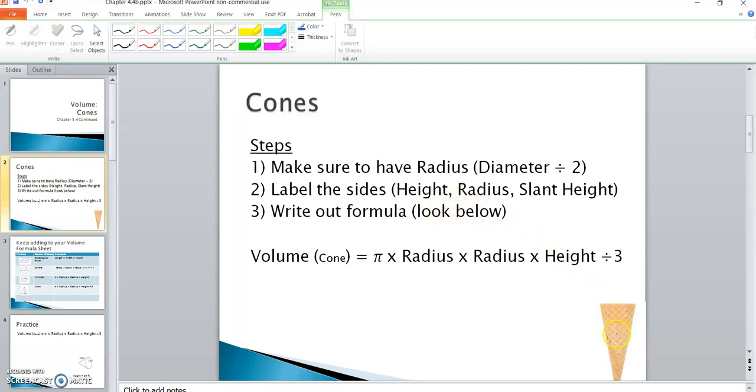Now, just as a reminder, the slant height is the slant piece of the cone. And the height is going from the very middle down to the very tip.